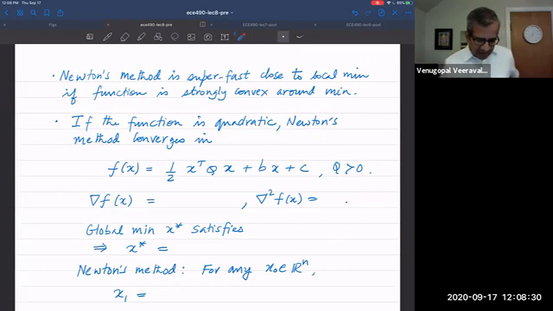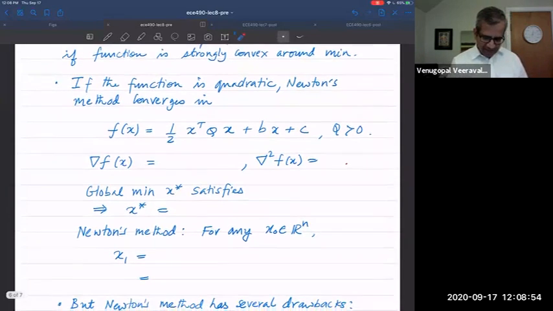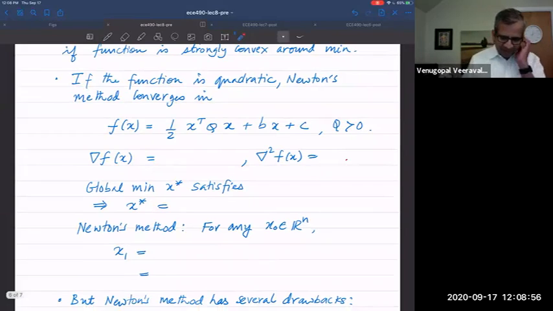And actually, let's take the example of a function that is strongly convex everywhere, and that's a quadratic function with a Q that's positive definite, right? So let's see what happens if we apply Newton's method to this quadratic function.